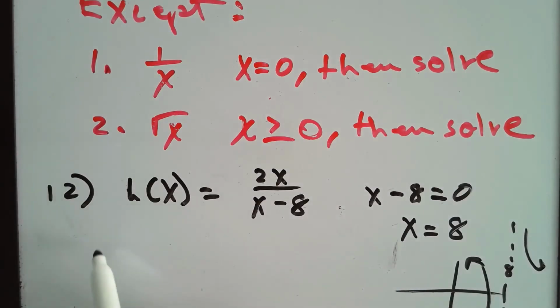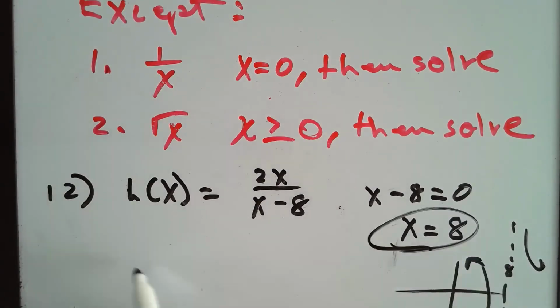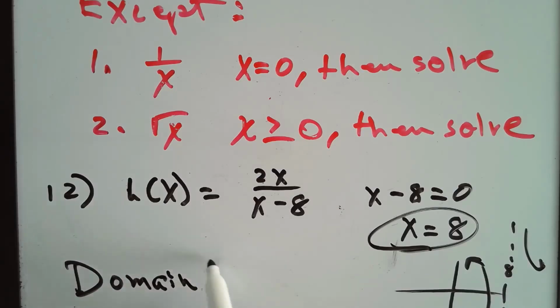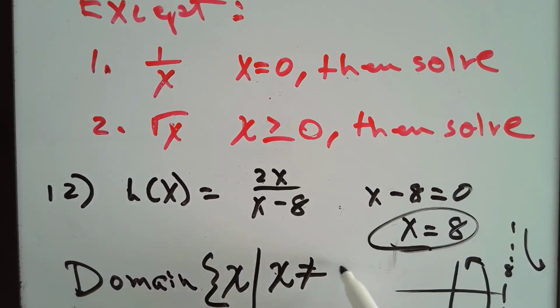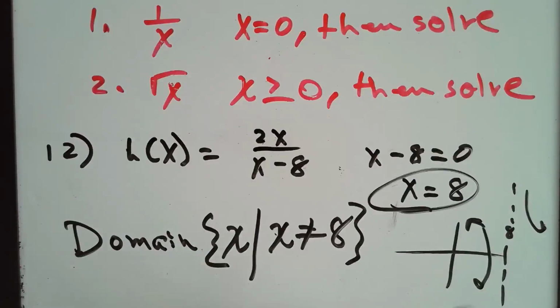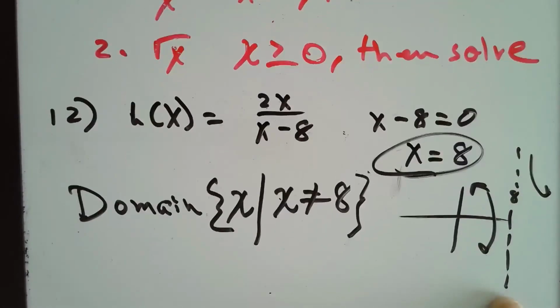So therefore, using set notation, our domain is all values x such that x is anywhere except 8, because that's where our vertical asymptote is.